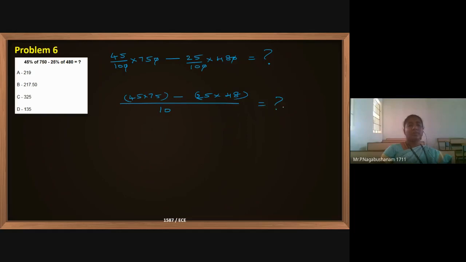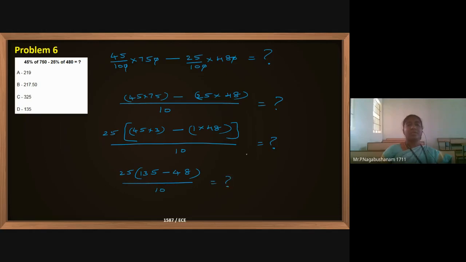If I take 25 common in the numerator, it is 45 into 3, because 3 25s are 75. So I am taking 25 common. Here 1 into 48, because I am taking 25 common. This is just for simplification, doing it faster and easier. Now 45 3s are 135 minus 48, and 25 multiplied for this whole, divided by 10, equal to the question mark value.